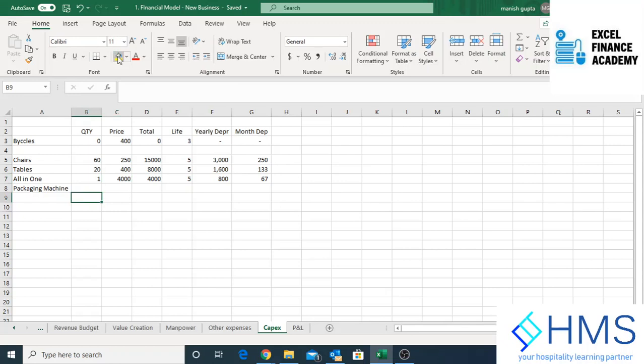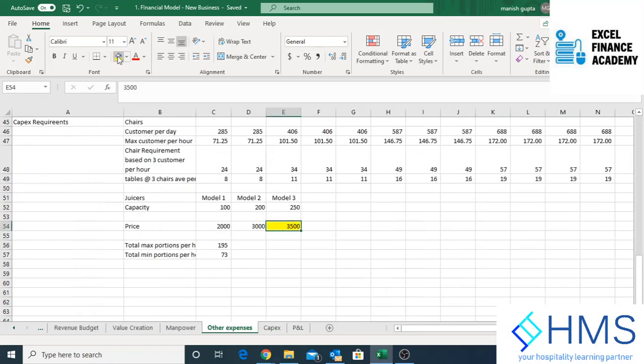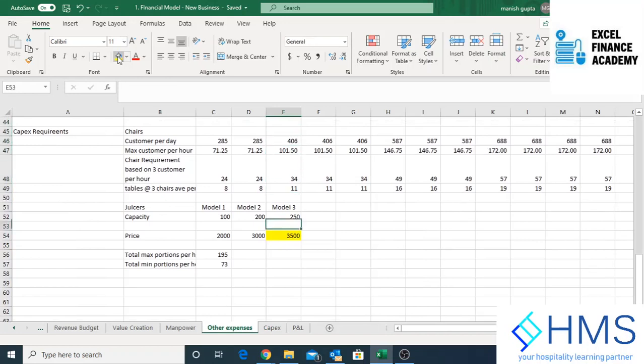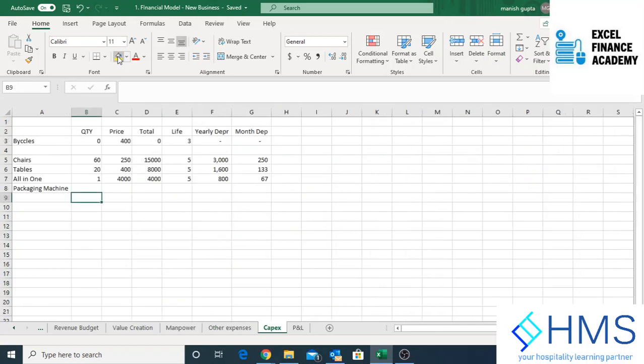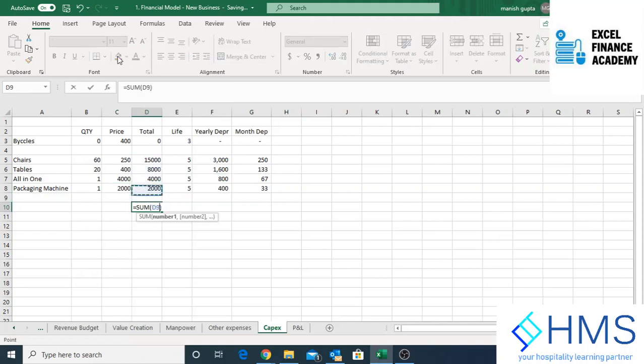Packaging machine, similar calculations, similar way. How many do we need to serve? What are the packaging models? Since we don't have the data, we assume for the time being that we just need one packaging machine, which is going to cost us another $2,000. We get the equipment, so that's our total capital requirement.